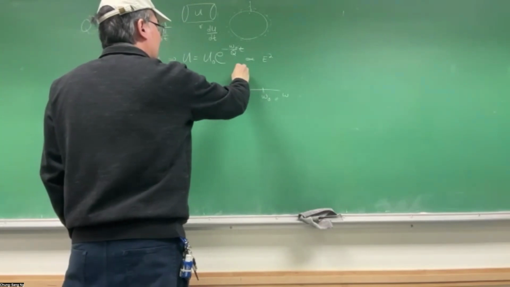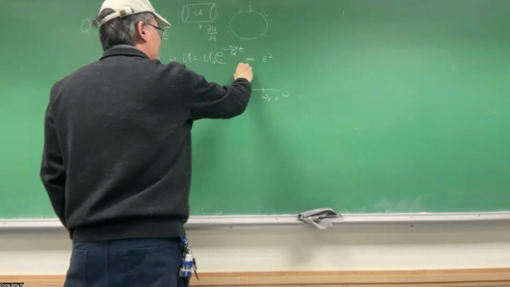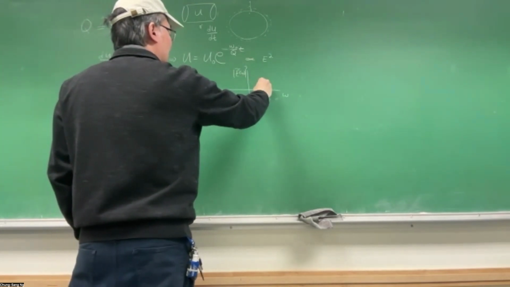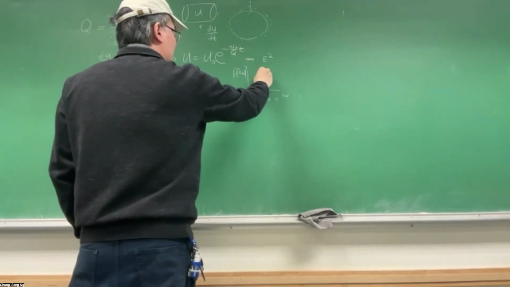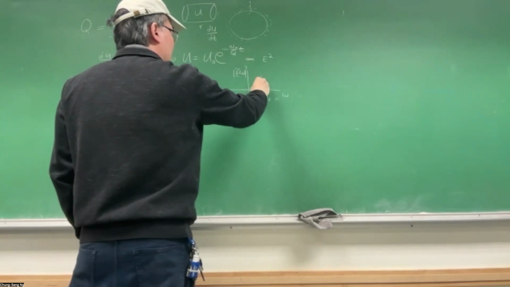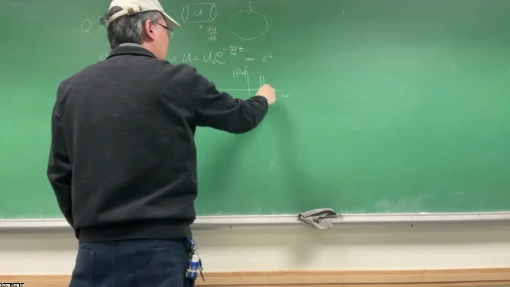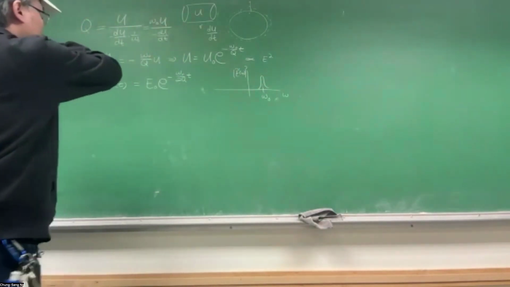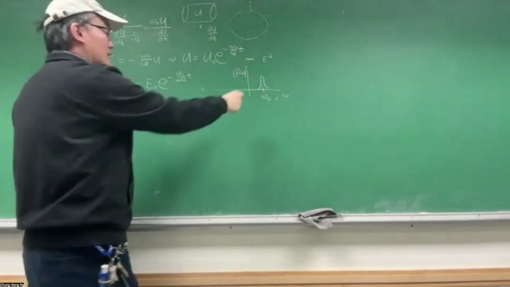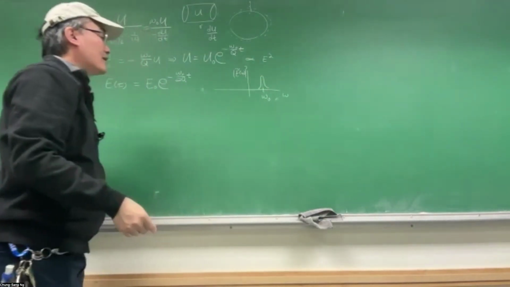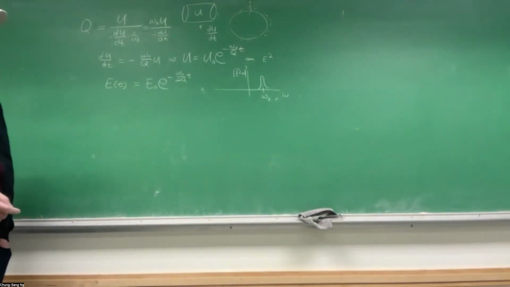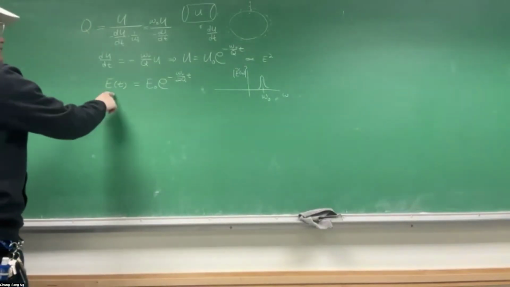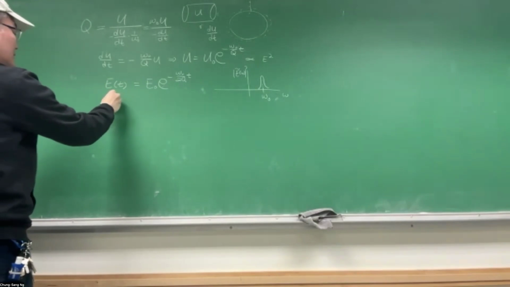You measure the absolute value squared of the Fourier transform, so you have a certain profile centered at this one. It will show that if Q is large, then the width of this spectral line will be small. Okay, so we'll see that right away because we can take the Fourier transform of this.